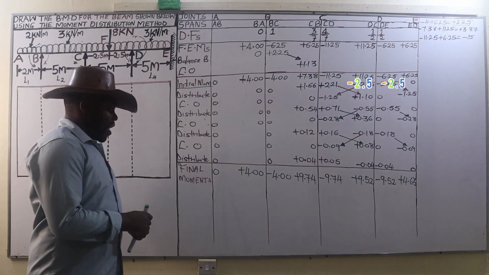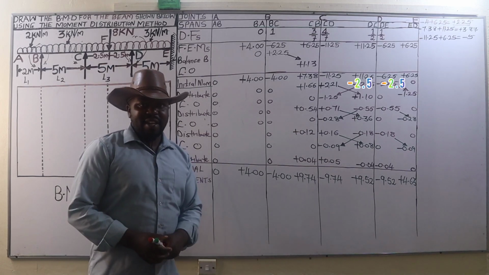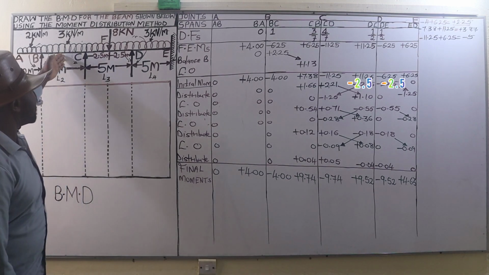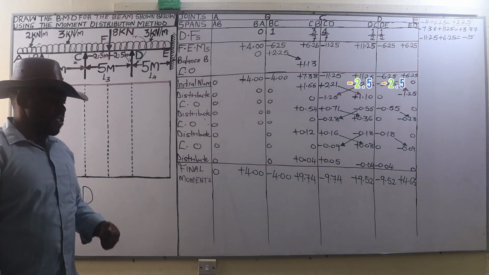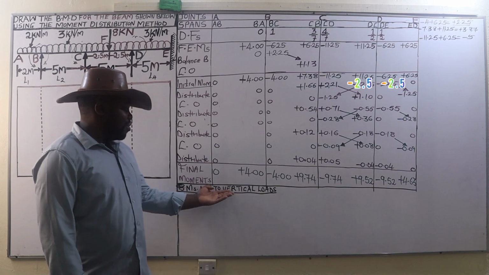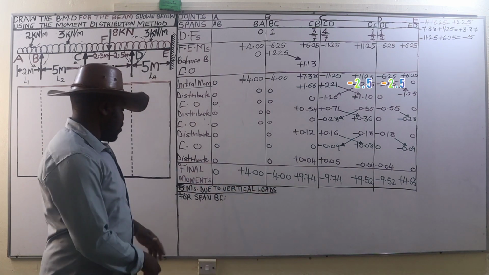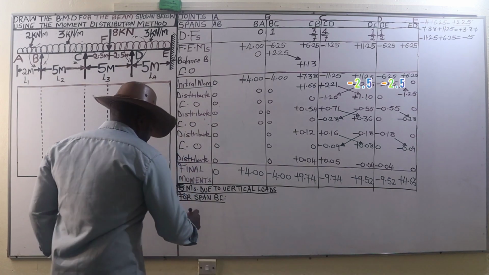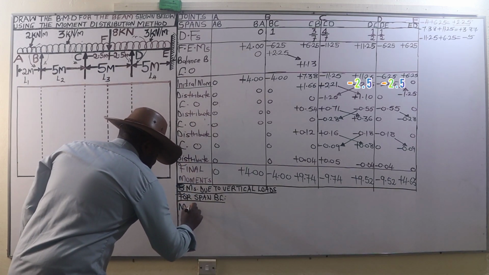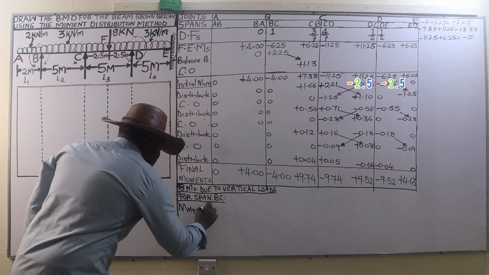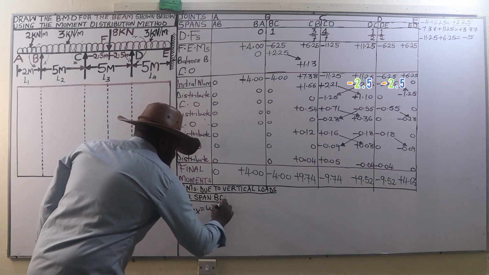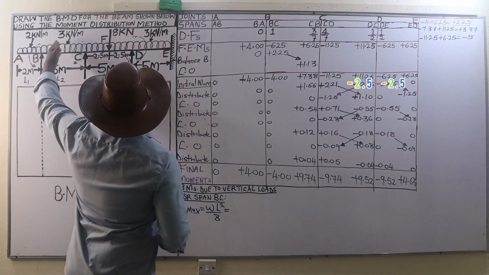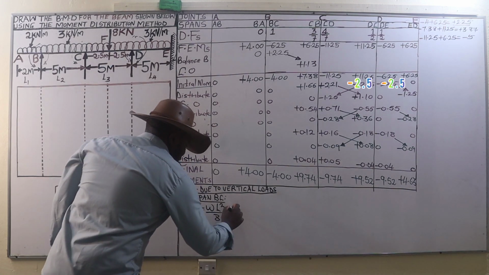But before we plot the bending moment diagram, we are going to calculate the bending moments due to vertical loads. So here we have bending moments due to vertical loads, and we are going to begin with the span BC. For the span BC, the maximum bending moment will be given by WL squared divided by 8. In this case, W is 3 kilonewtons per meter.